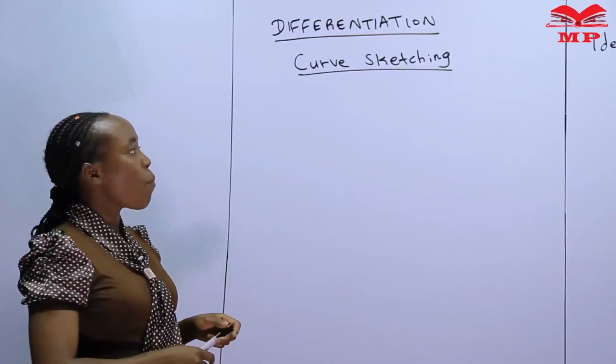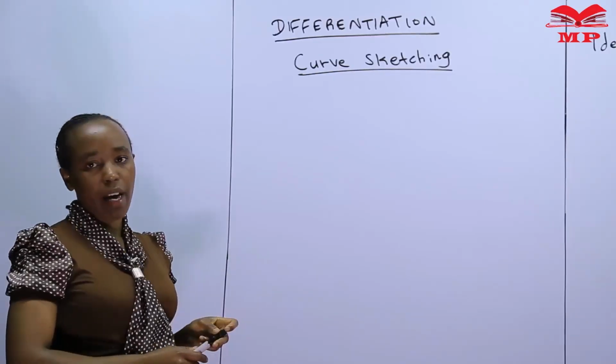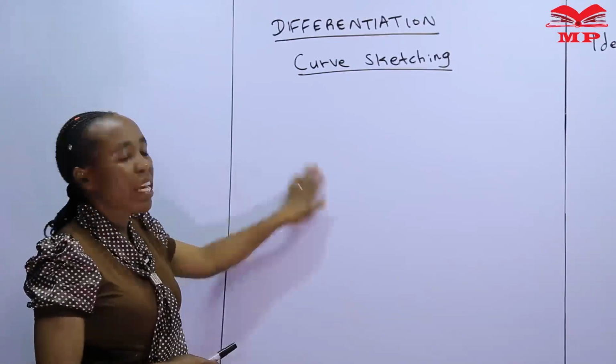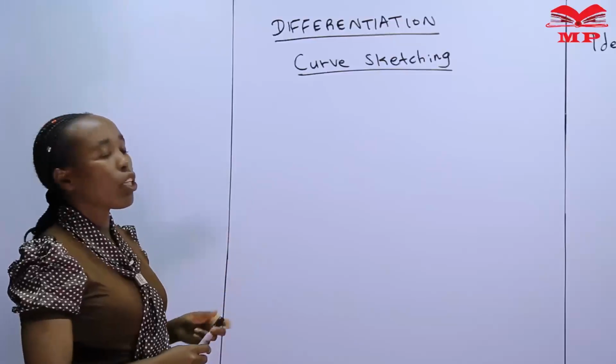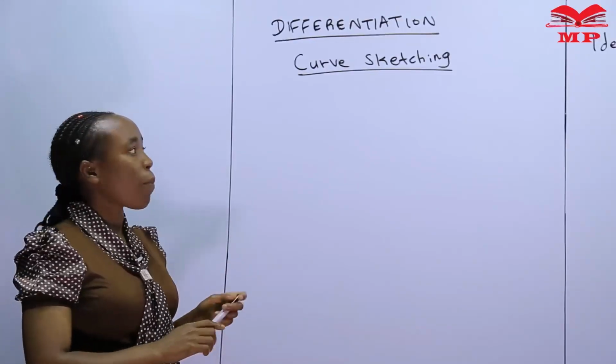In sketching, you must not sketch in a graph paper. You can sketch in a plain paper because you only show the very major points.